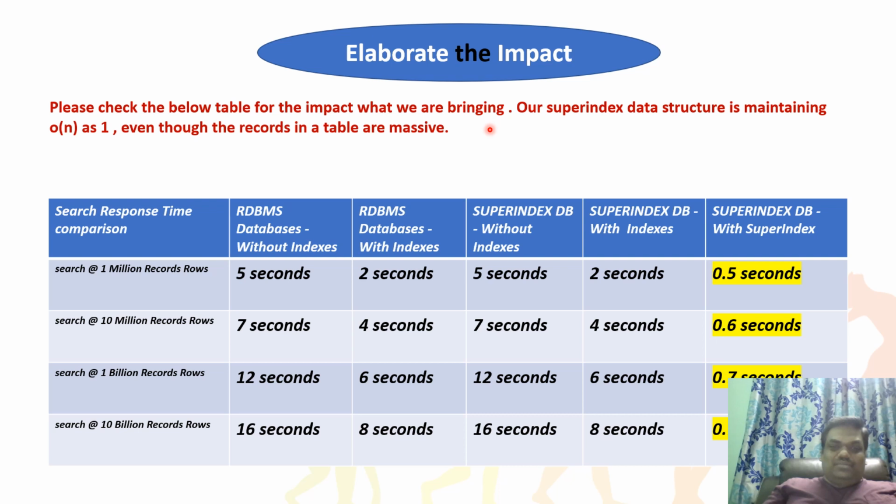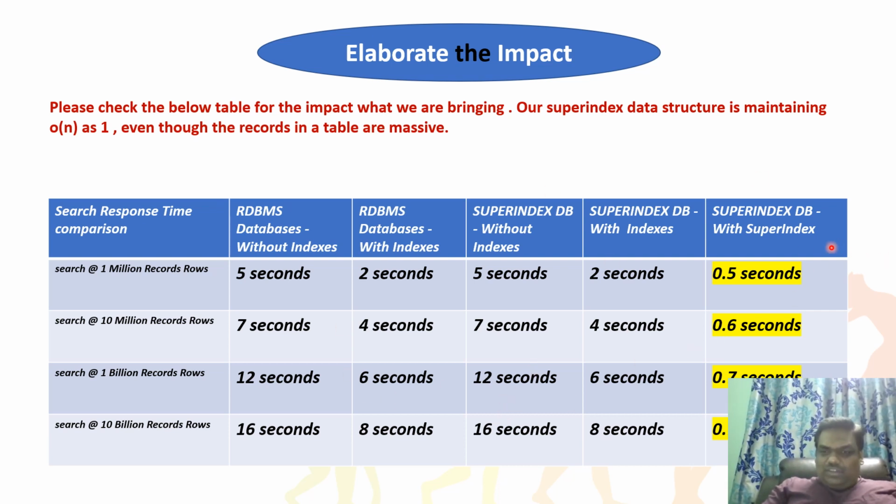This is the comparison we did a couple of months back, with 1 million record rows, 10 million, 1 billion, or 10 billion record rows. How an RDBMS database performs without indexes and with indexes, and how SuperIndex DB performs without indexes and with indexes. This is the usual pattern.